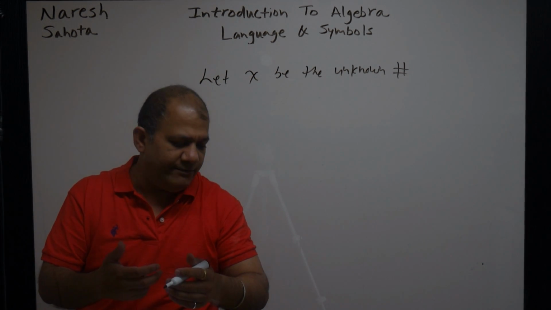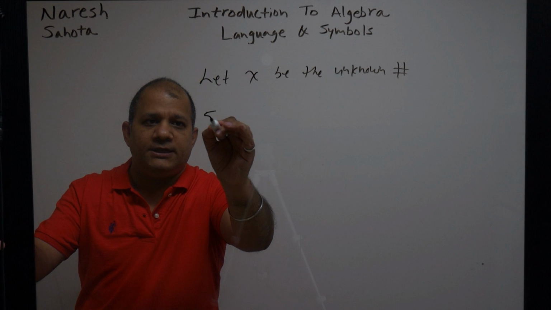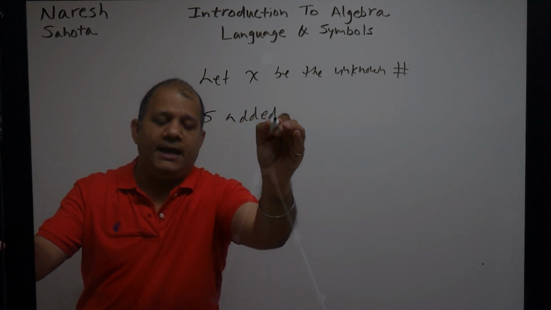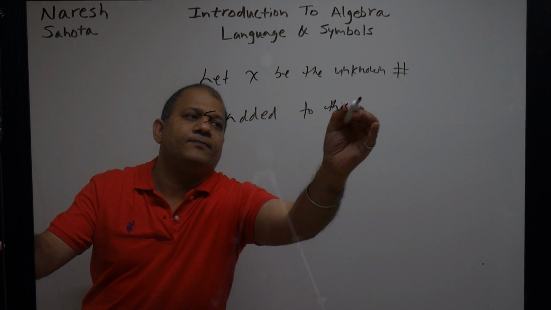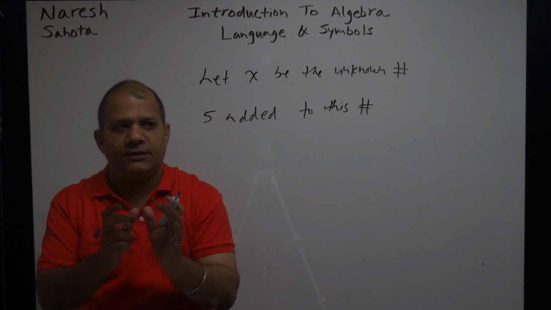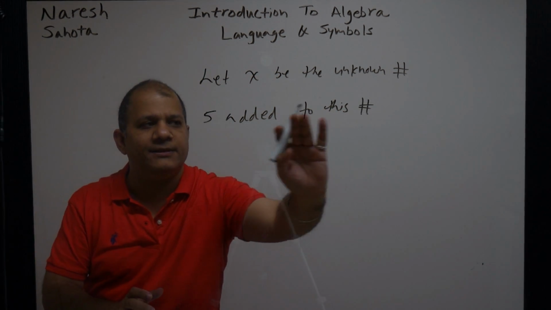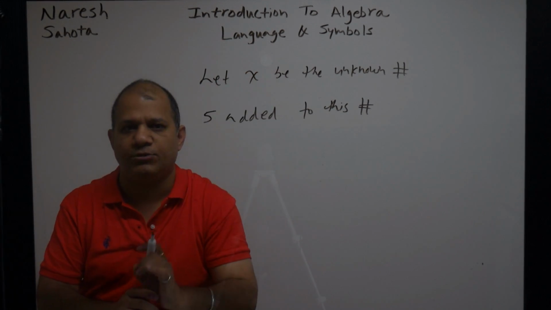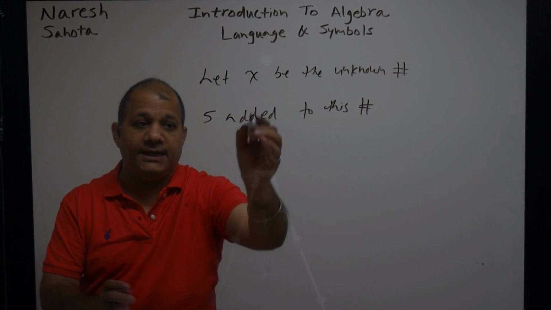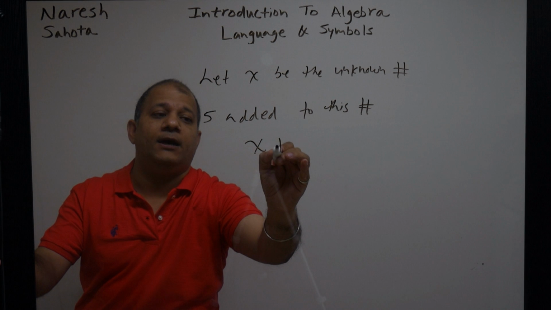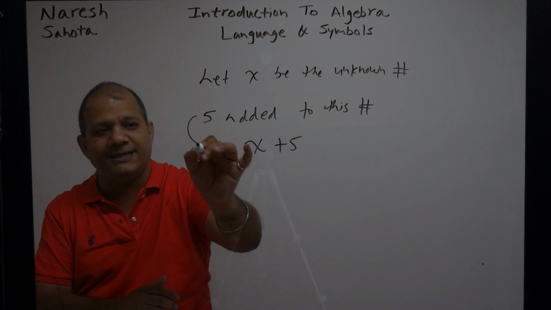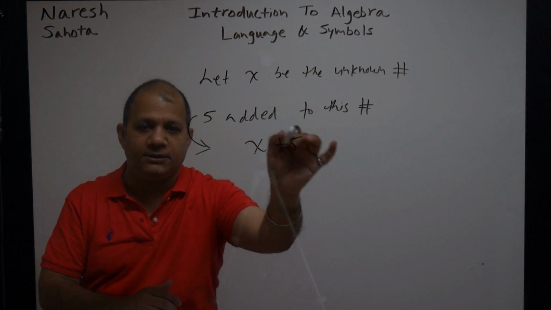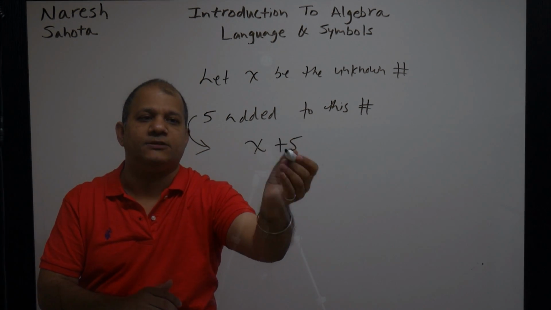And now we can have expressions. Let's say 5 added to this number. What I want to get across here is, how do we translate this sentence into a mathematical expression? The unknown number is x, and now we're adding 5. So x plus 5. This translates into a mathematical expression with variables, x plus 5.